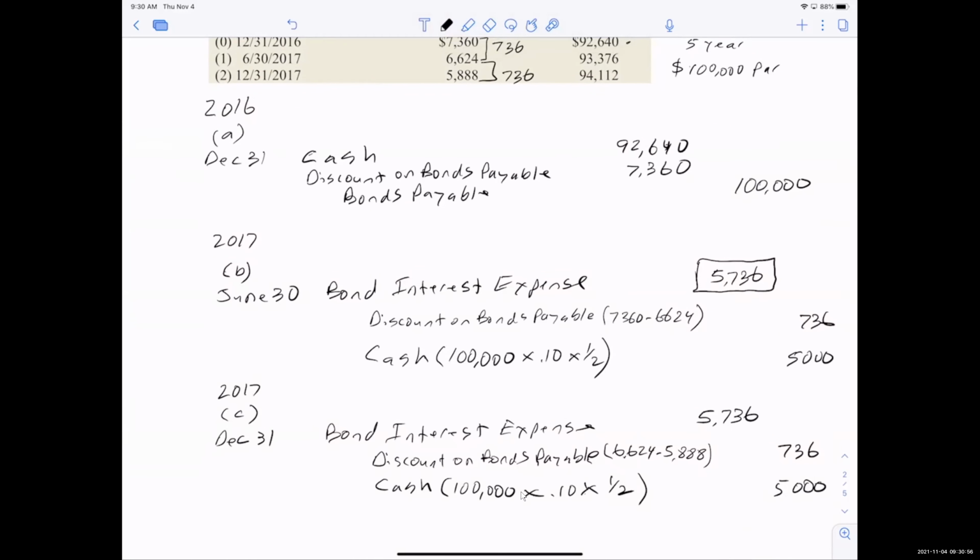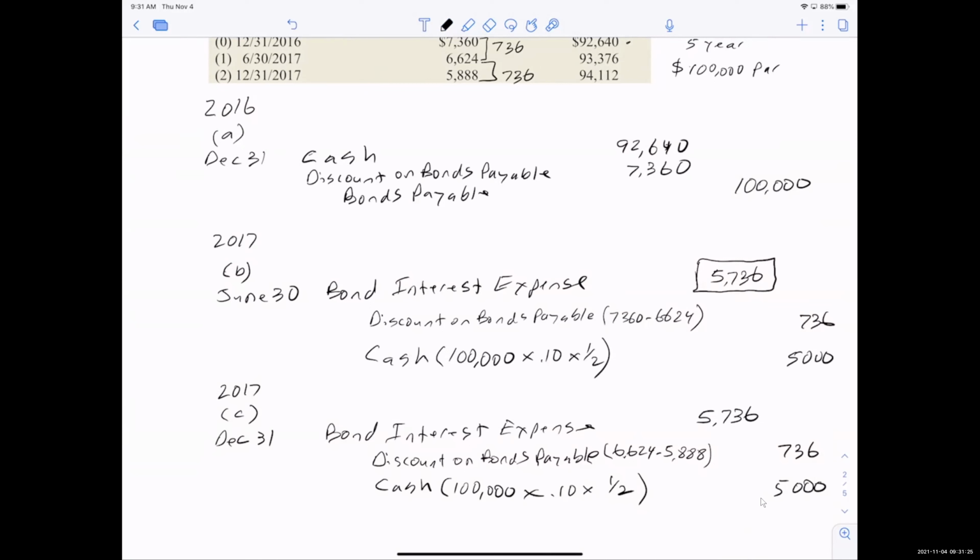So principal times rate times time. This is 10% or 0.10. So that would be 5,000.